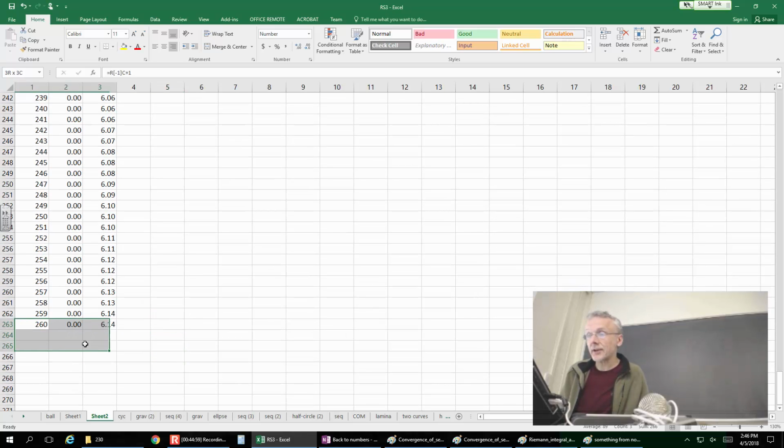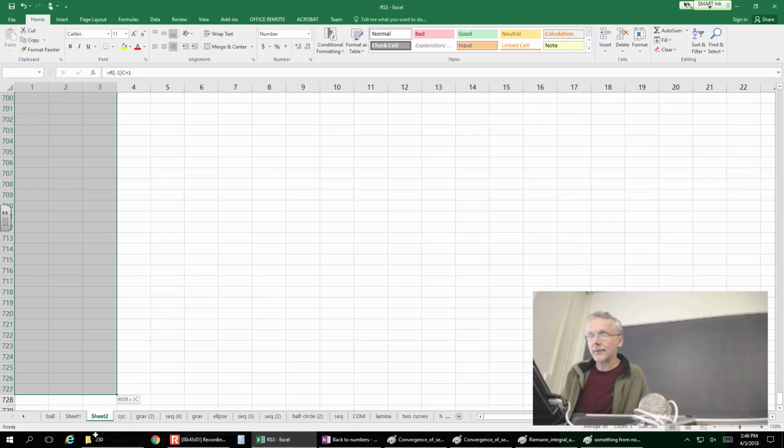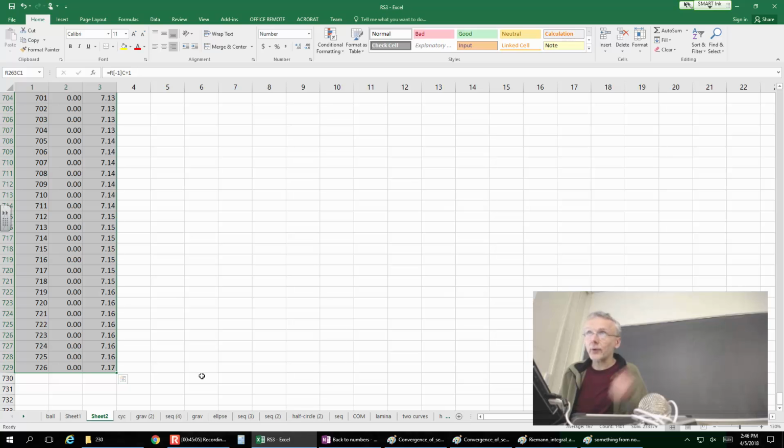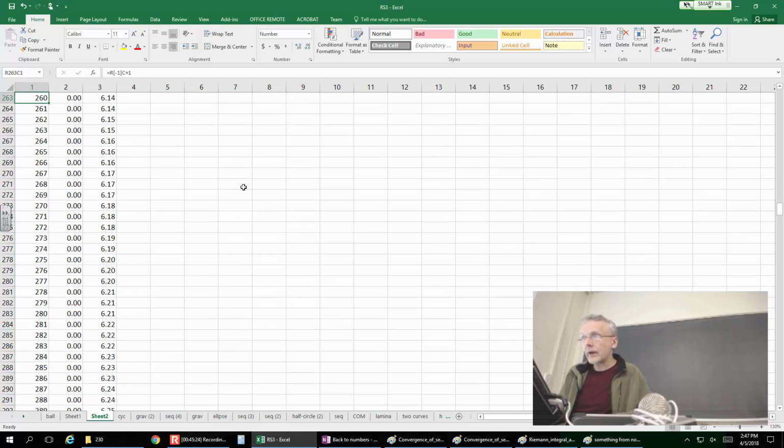The answer is actually infinity. I could go on, and you see it is growing very slowly, but look at how slow it is. I took 729 steps, and I only reached 7. The numbers being added are getting smaller and smaller, but the theoretical result tells us that the answer is actually infinity. So this sequence goes to infinity very, very slowly.